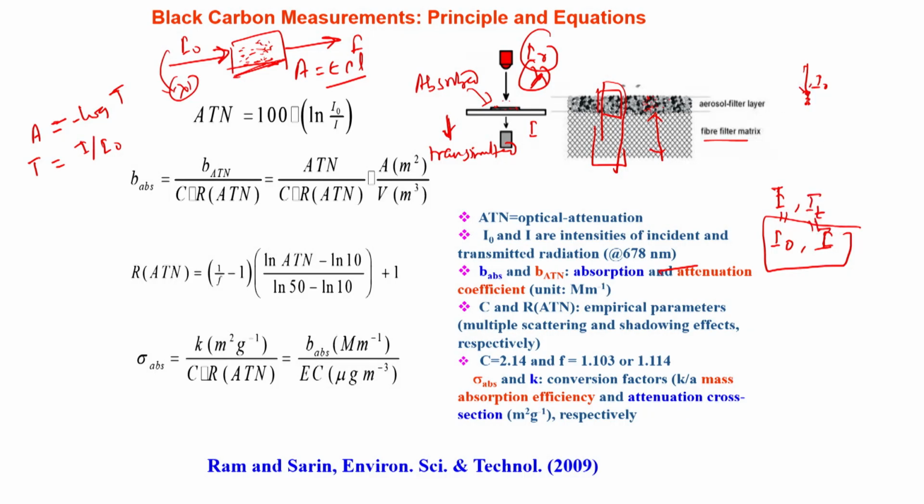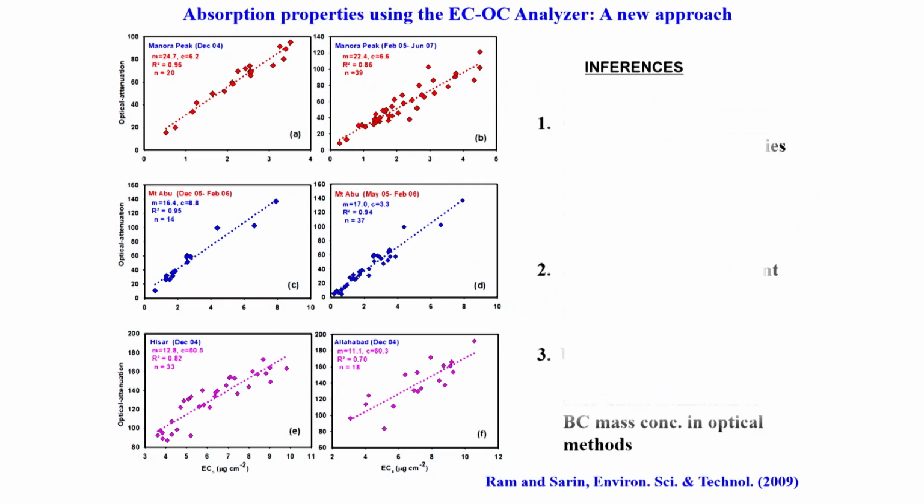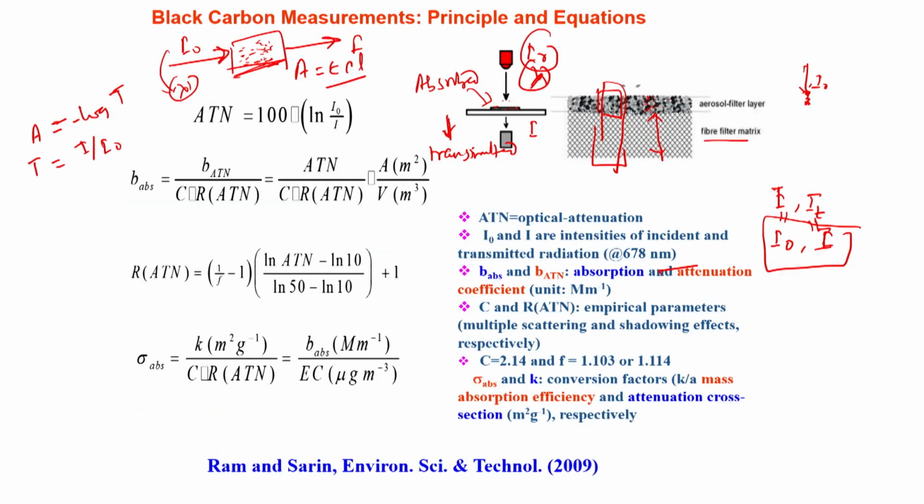So the energy available for the next black carbon particle will be less, because it has already absorbed, and for the third one it will be lower still. This is called the shadowing effect.